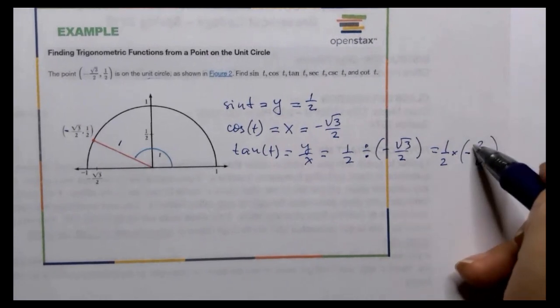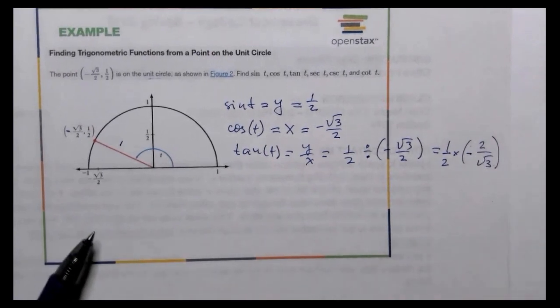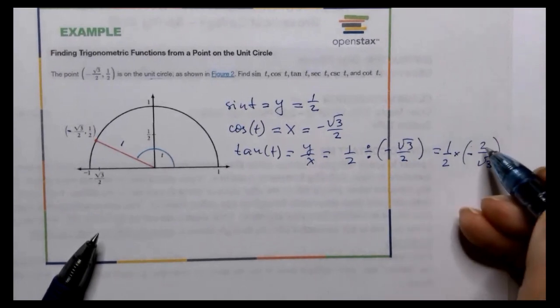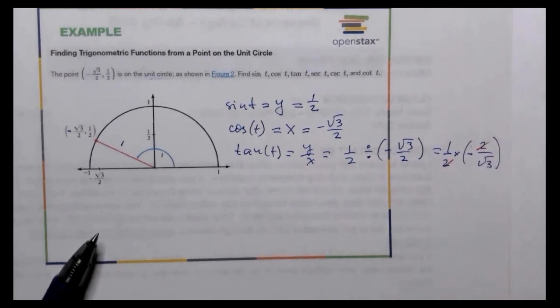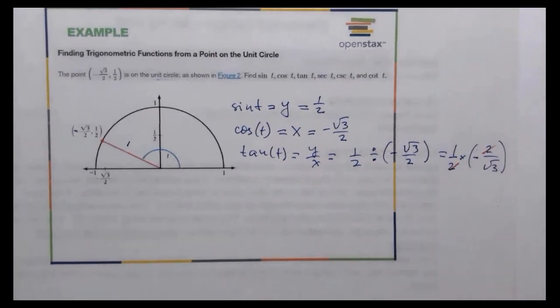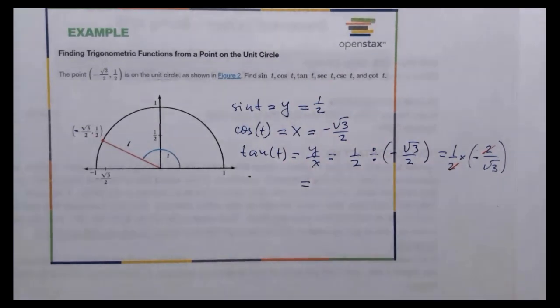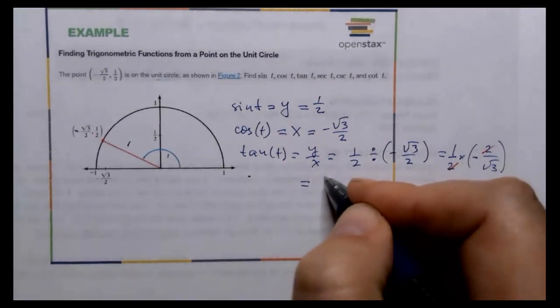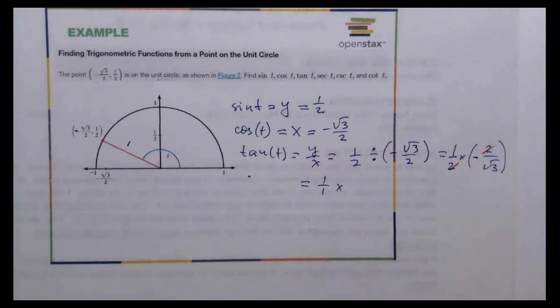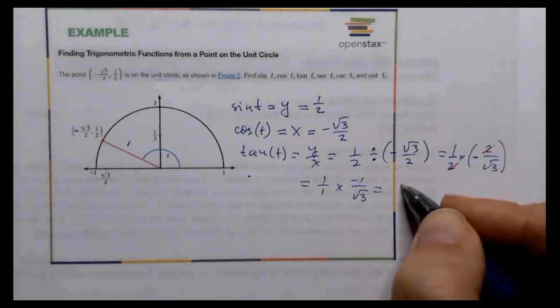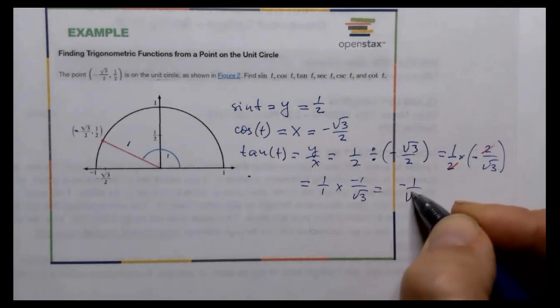We could move the negative either to the numerator or the denominator, your choice. The 2 and 2 cancel out, and what we have left is 1 over 1 times negative 1 over root of 3, so basically negative 1 over root of 3.